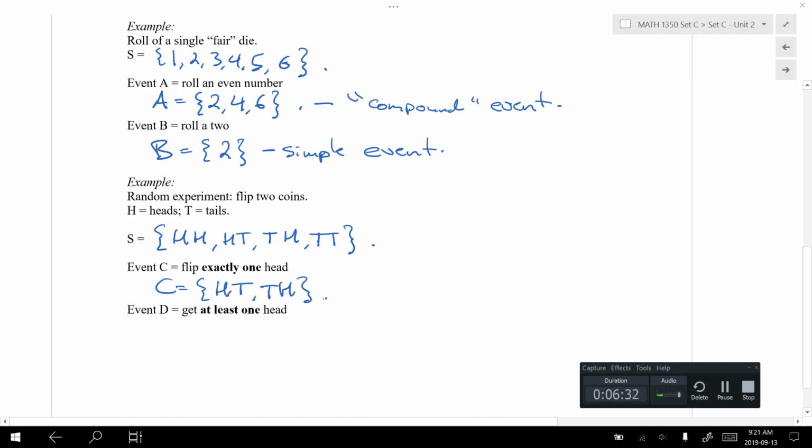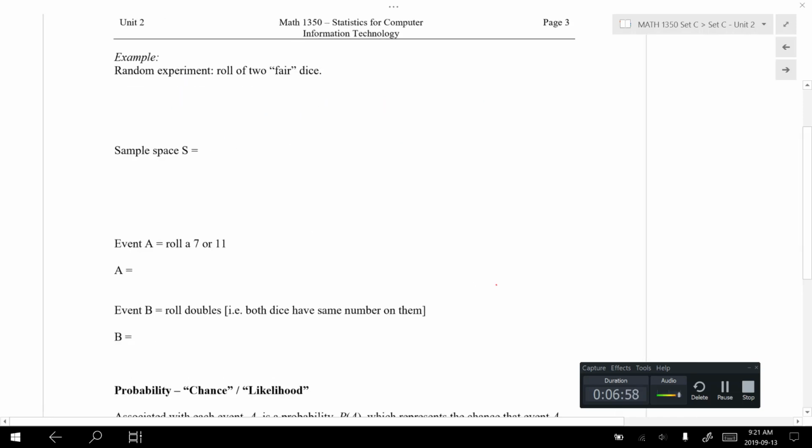Which would include these 2 options here. Or perhaps we could think a little bit bigger and consider getting at least 1 head, which would include the 2 above, but also the double. All right, let's keep going here.